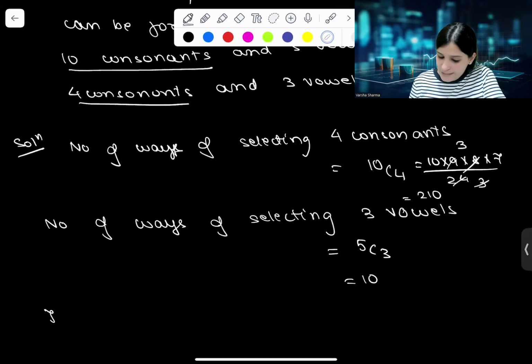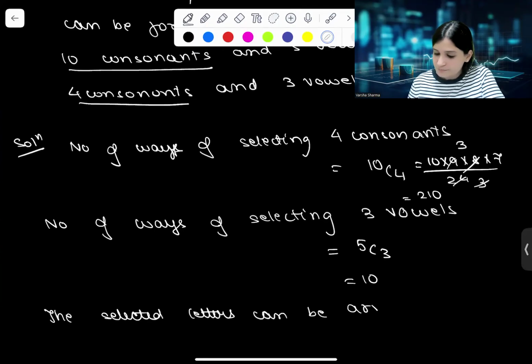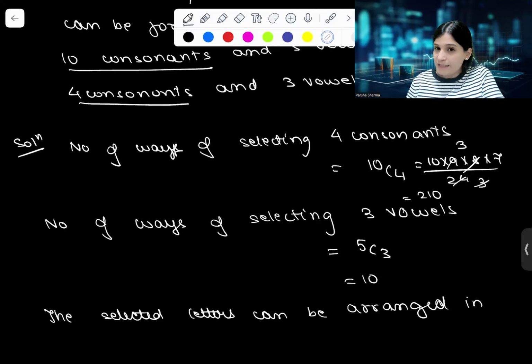So the selected letters. How many letters have we selected, chosen? 4 consonants and 3 vowels.